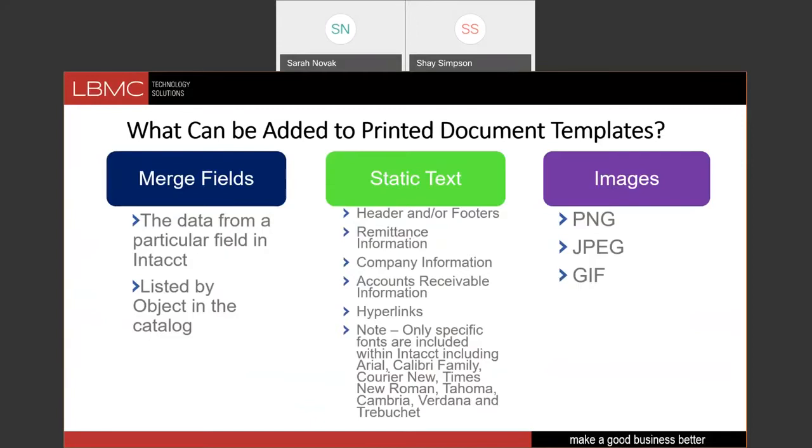So if they need to pay via a particular hyperlink, or a hyperlink to possibly accounts payable, we're able to put those in there as well. And also images, so the PNG, JPEG, and GIF.